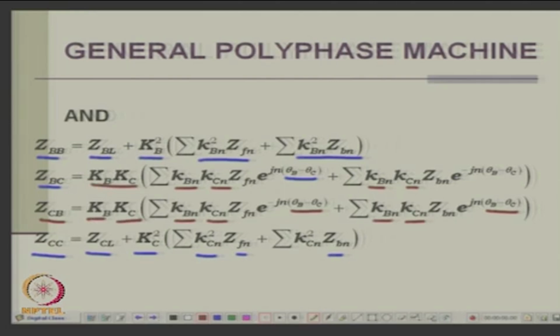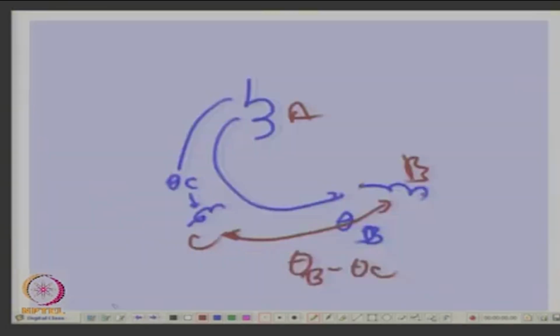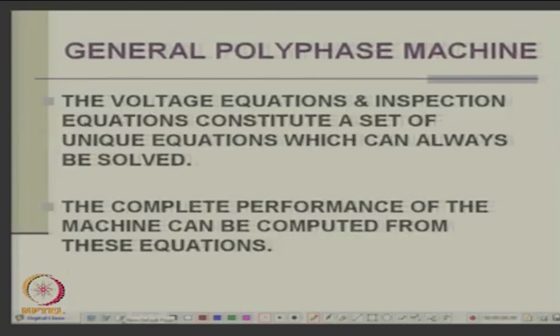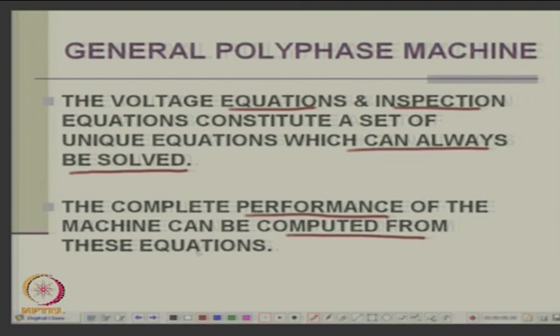This is central to our theory. Therefore, the voltage equations and impedance equations constitute a set of unique equations which can always be solved. We have 3 voltages and 3 currents, so for a given voltage you can find the current, so long as you know the impedances. So, the complete performance of the machine can be computed from these equations.